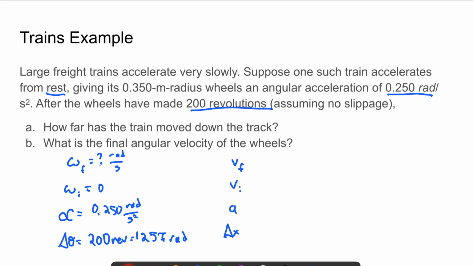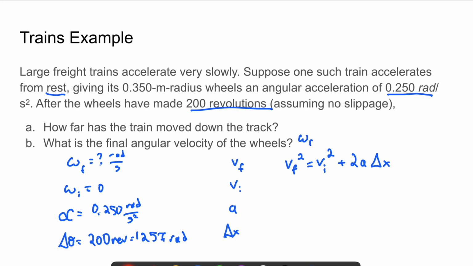And if you think back, you might recall that we had an equation that related our final velocity to our initial velocity by taking final velocity squared equals initial velocity squared plus 2 times a times delta x. And again, it's very easy to go from our translational kinematics equations to our rotational kinematics equations, because all we have to do is just substitute out the variables, the rotational variables from our translational variables.